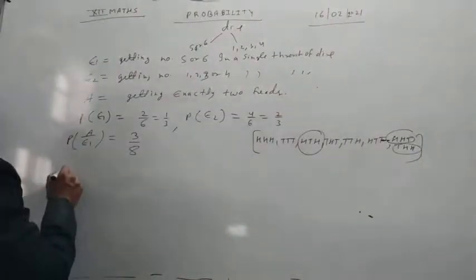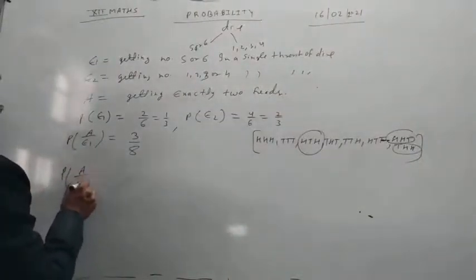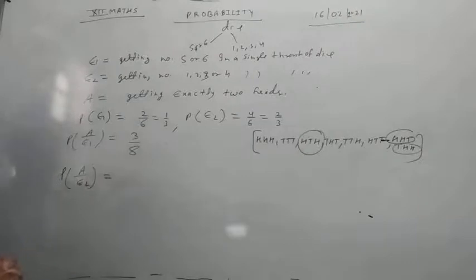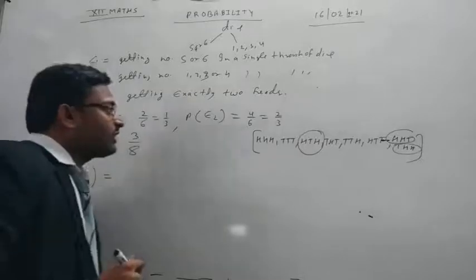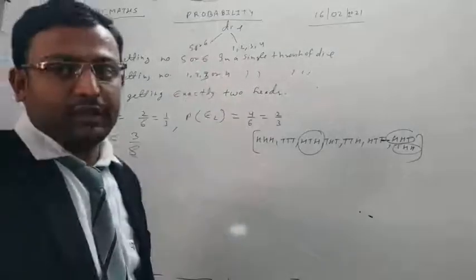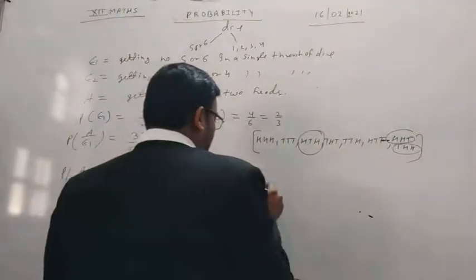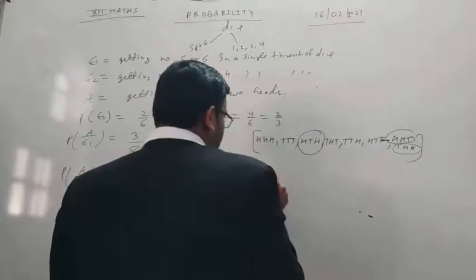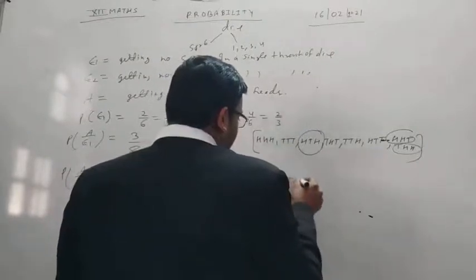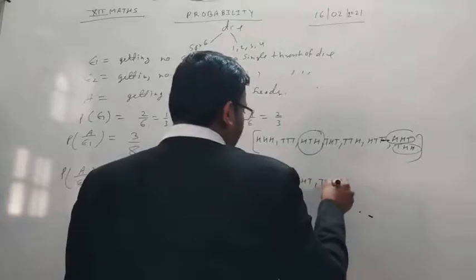Now friends, the probability of A given E2, that is if you get 1, 2, 3 or 4, then the number of heads will be, students, in the second case she is tossing a coin 2 times, so that is HH, HT, TH and TT.